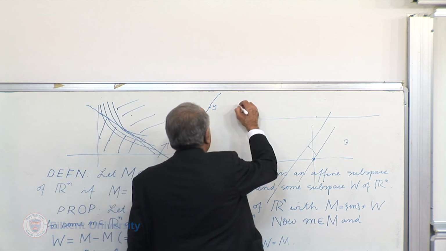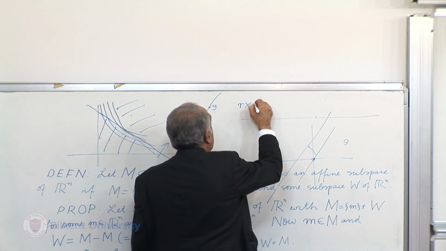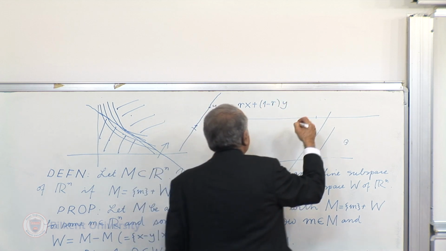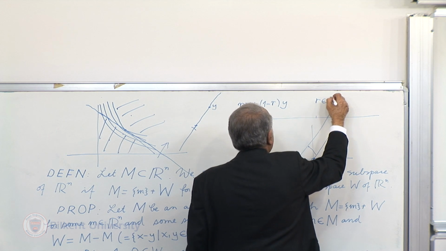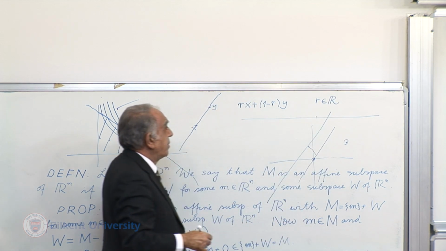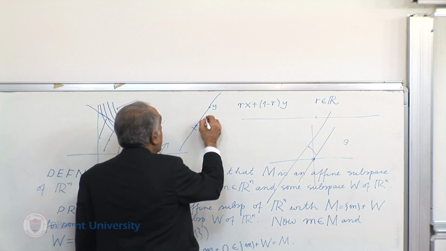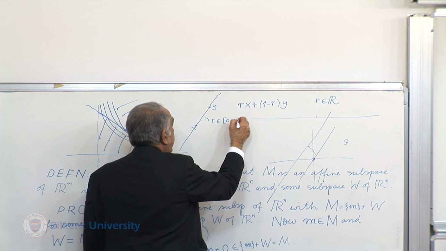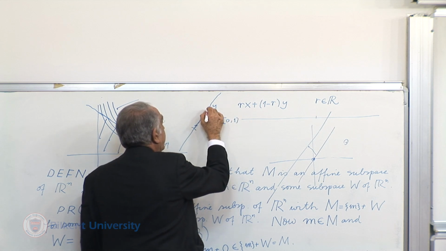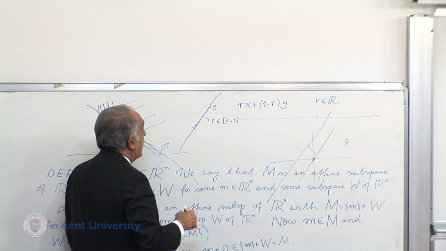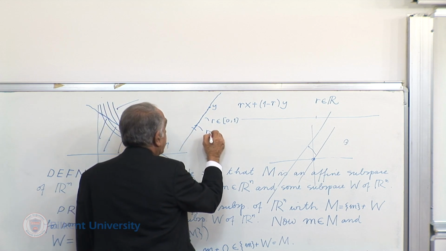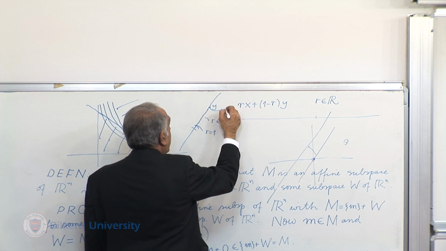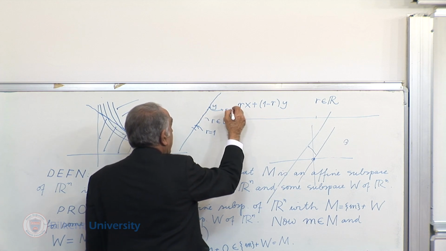From analytic geometry, you know, if you write this combination for any r in R, well, when r is in [0, 1], you will get this part. In fact, when r is 1, you will get just this point x. When r is 0, you will get just y.